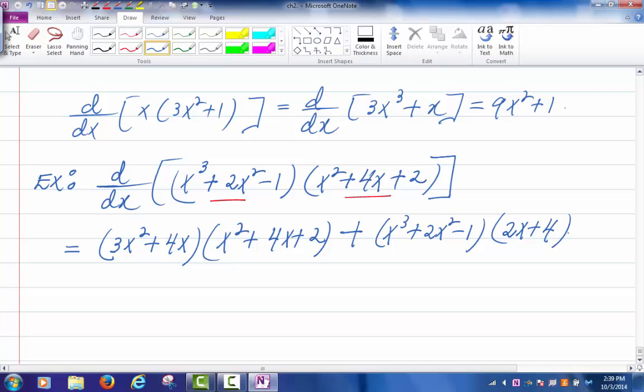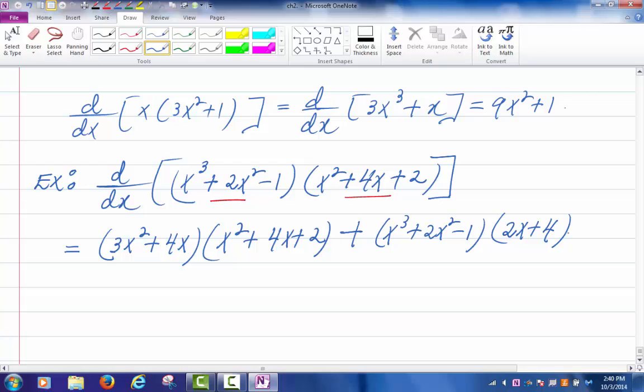And that's it. Is everybody okay? You take the derivative of the first factor multiplied by the second factor as it is, plus the first factor as it is multiplied by the derivative of the second factor.